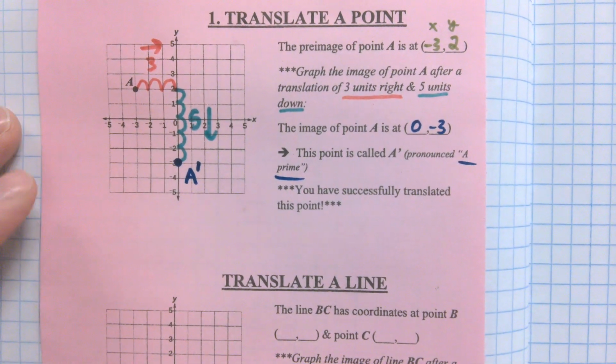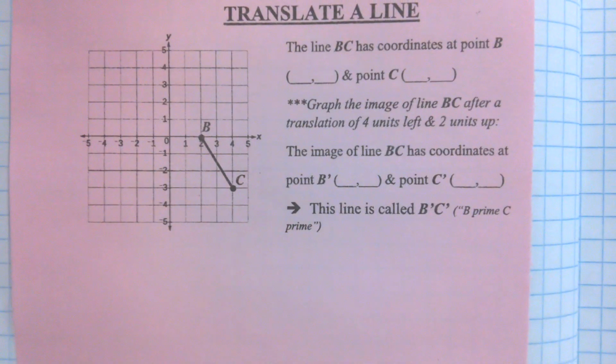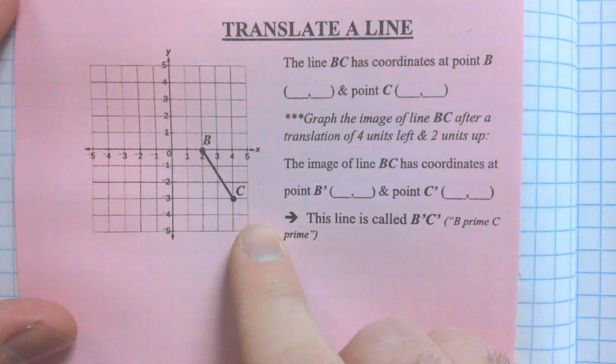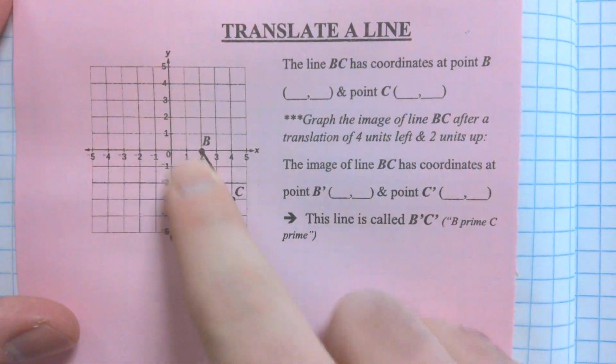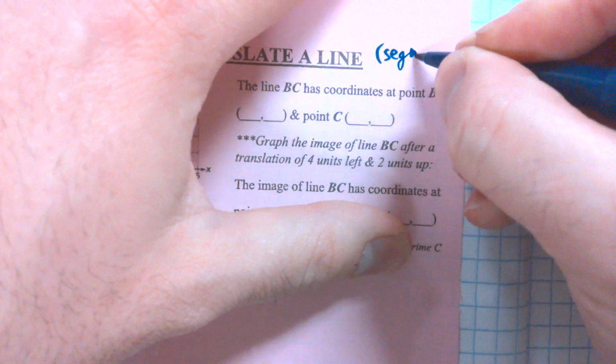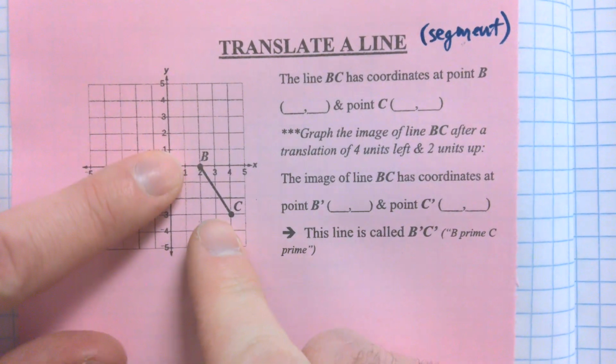All right. Let's take it one step further and translate an entire line. So this line, BC, as we can see, it's more of a line segment, really, because a line would go on forever, but this line stops at those 2 points there.